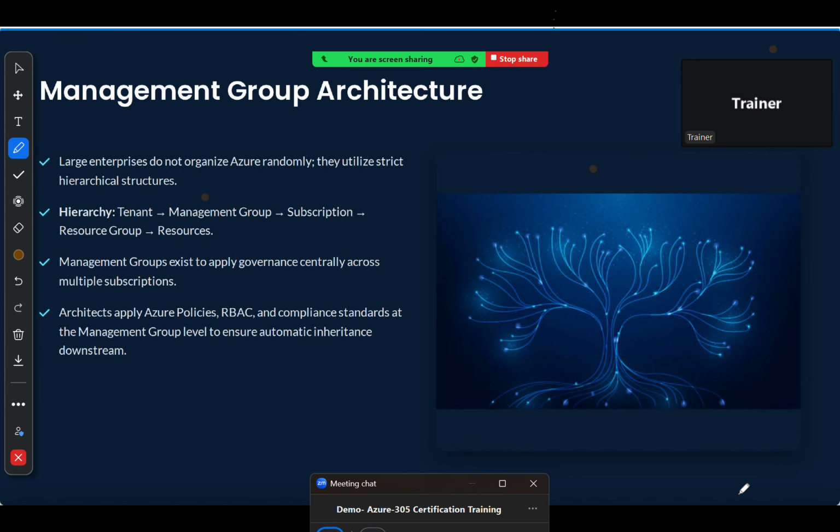So why do we use a management group? Because we apply governance centrally. We have to apply policies, RBAC, compliance, and the security standard. Would you assign an Azure policy 500 times? Is it possible or not?